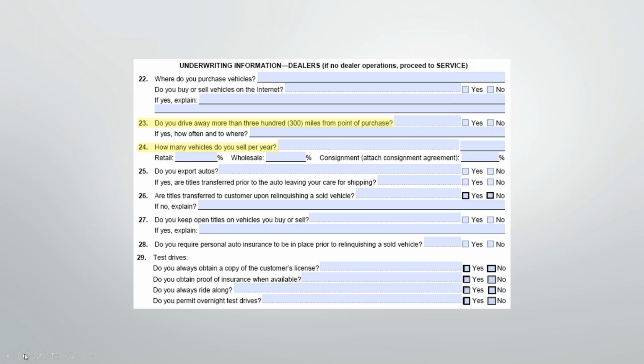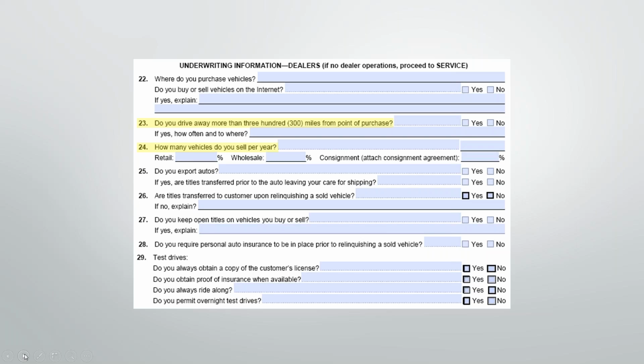Wholesale. A wholesale auto dealer is often misconstrued. A wholesale auto dealer is somebody that is not selling to the general public. They're selling to other dealerships. It's not, oh well, I sell at wholesale prices. That doesn't make you a wholesale auto dealer.